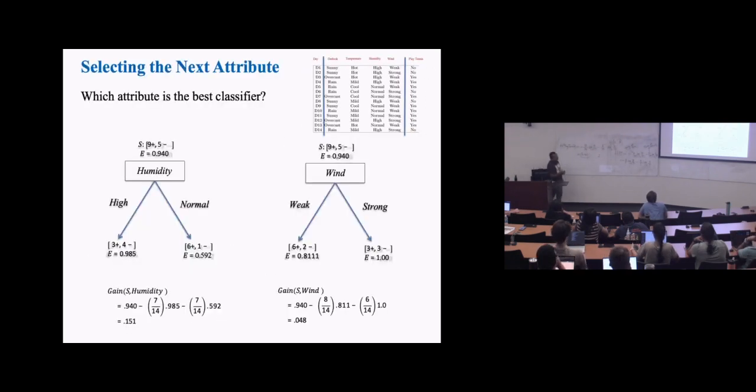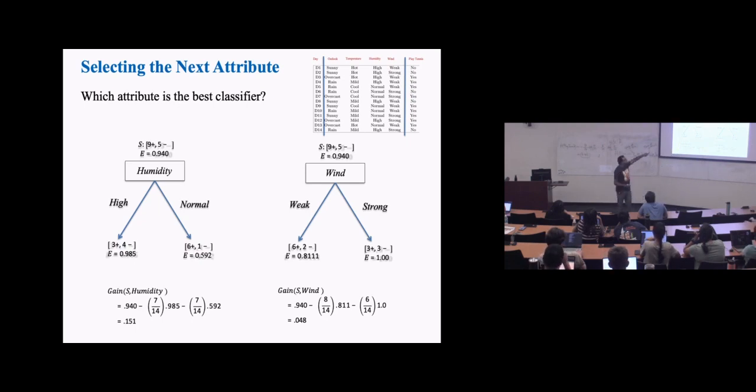How many cases? 1, 2, 3, 4, 5, 6, 7. Right? So 7 versus 7. You also see the example here, 4 and 3 and 6 and 1. So 7 and 7 split.